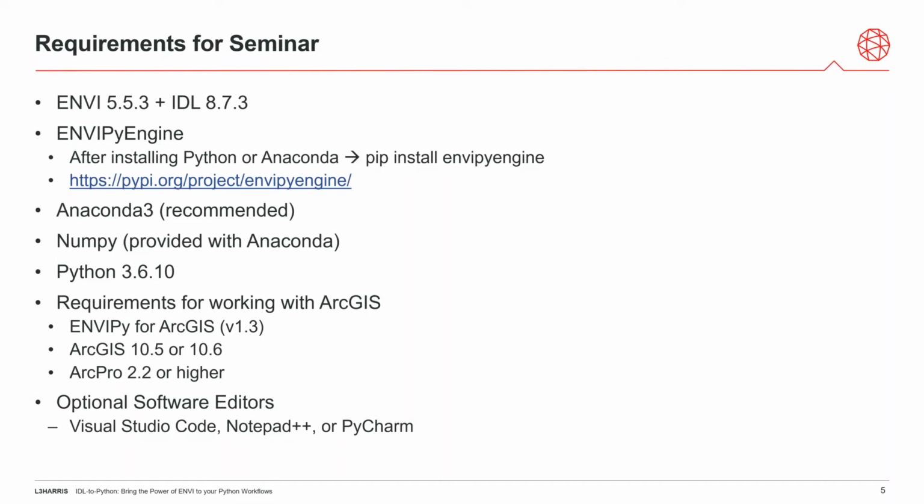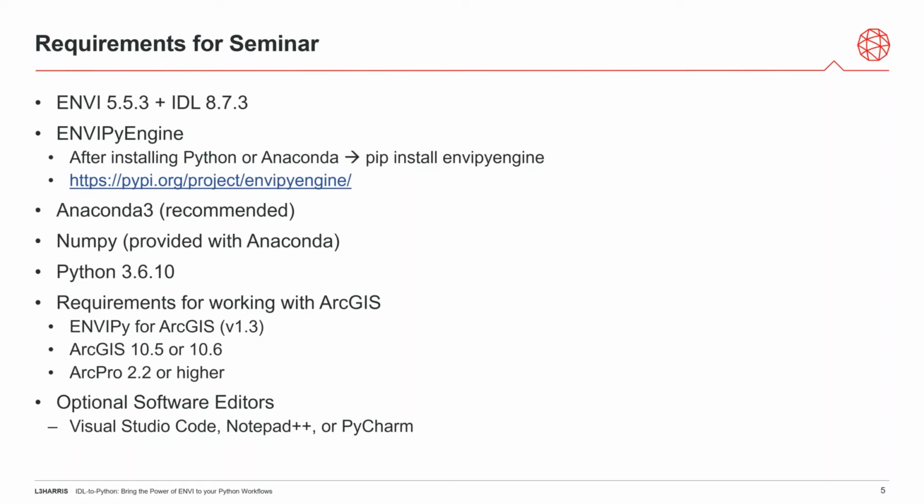There's also going to be a section in here where we're going to be working with ArcGIS. So if you have ArcGIS already, that's great. If not, don't worry, you can follow along with this as we go. You will need, though, our MDPI for ArcGIS, which James probably mentioned earlier in his presentations.